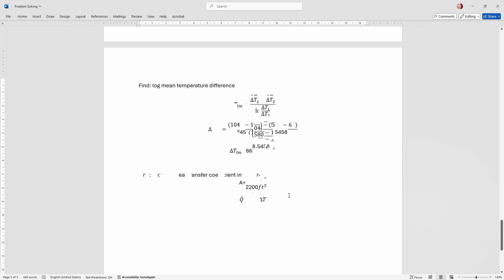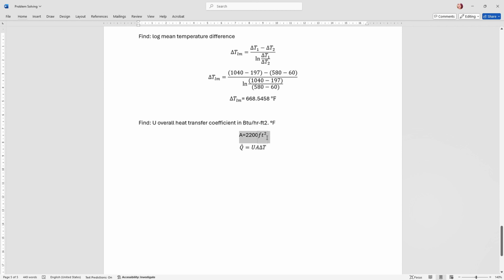Then lastly, ang hinahanap natin is overall heat transfer coefficient in BTU per hour square feet degree Fahrenheit. Ito meron tayong formula. Q equals UA delta T. Since binigay ang area is 2,200 square feet, kailangan natin i-derive yung overall heat transfer coefficient. So, derive lang natin.